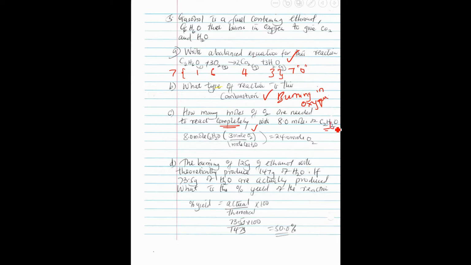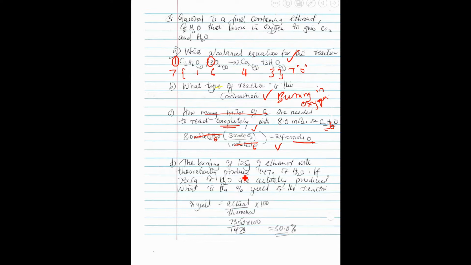So you see the reacting ratio in your equation. 3 of oxygen react with 1 of gasoline, so the reacting ratio is 3 to 1. Because you want the answer to be moles of oxygen, the moles of oxygen will be on top. 3 moles of oxygen react with 1 mole of gasoline. Gasoline will be at the bottom, so that this will cancel with that. If you multiply the numbers, the answer will be in moles of oxygen, and that's 24.